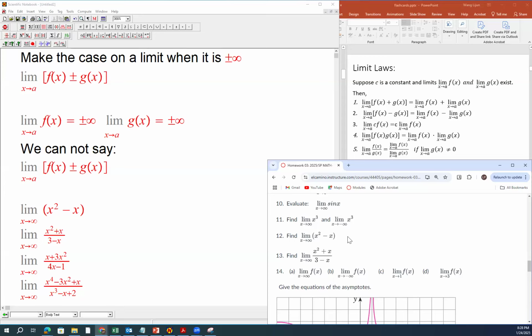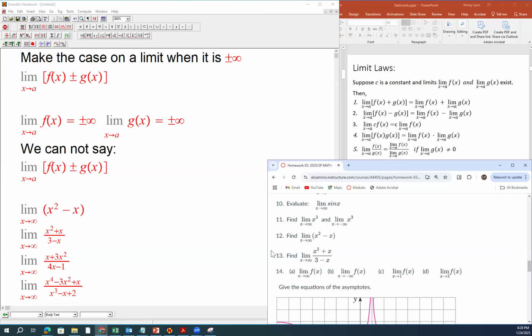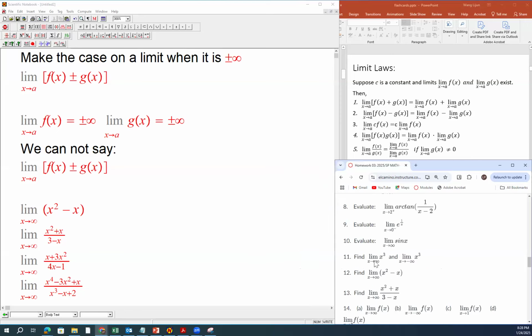We certainly cannot use the argument that infinity minus infinity is infinity, because we cannot apply the limit law. Infinity minus infinity is not necessarily infinity. So in this lesson, I'm going to show you some algebraic techniques we can use to make our case. That was the introduction.